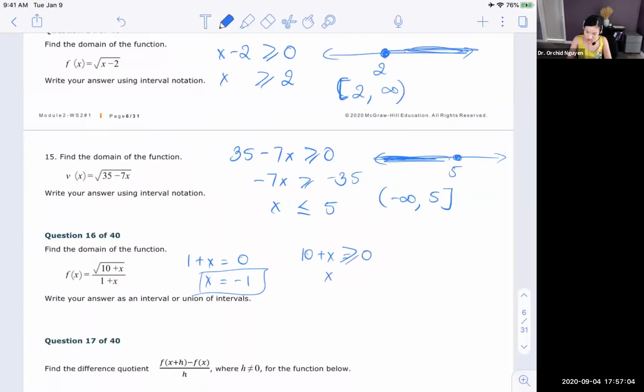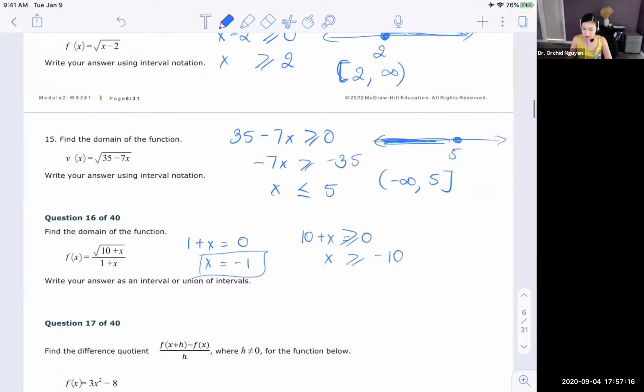And then for this one, we have x greater than or equal to negative 10. How do we do that? Don't forget negative 10 is less than negative 1, so I'm going to start with negative 10. How about we graph?